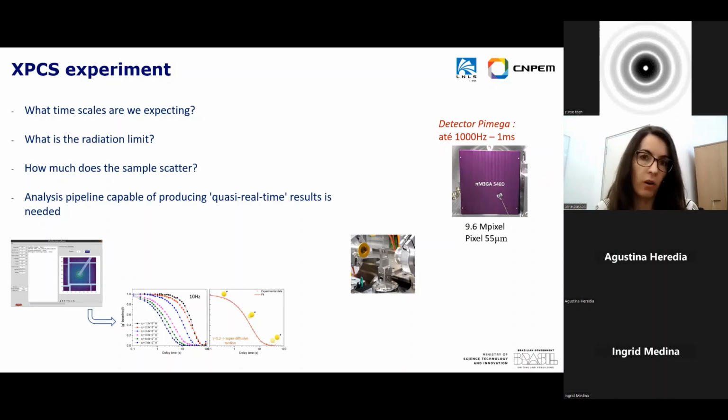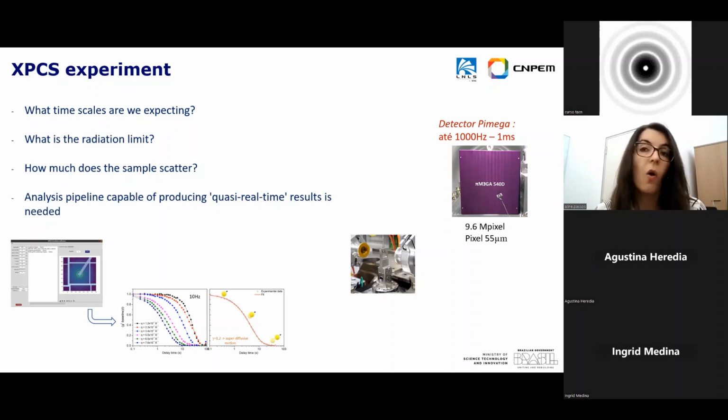For example, for colloids, I imagine my sample has a time scale of, I don't know, 10 seconds. So I collect the XPCS data using 1 millisecond exposure time, and I plot all the SAXS curves first. It's not expected to see any change. If we start to see, for example, an increase of the SAXS curve, it's related to a change in the sample, so for sure it's aggregation, for example.